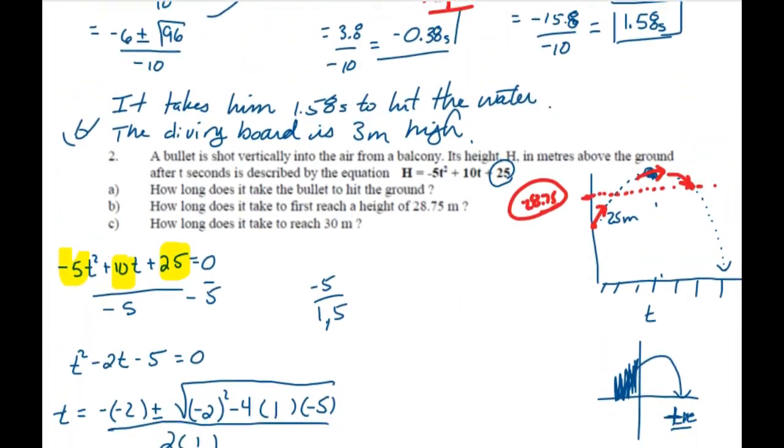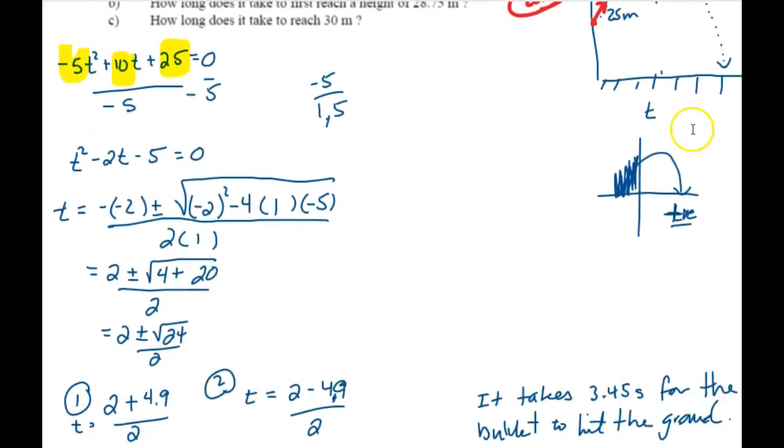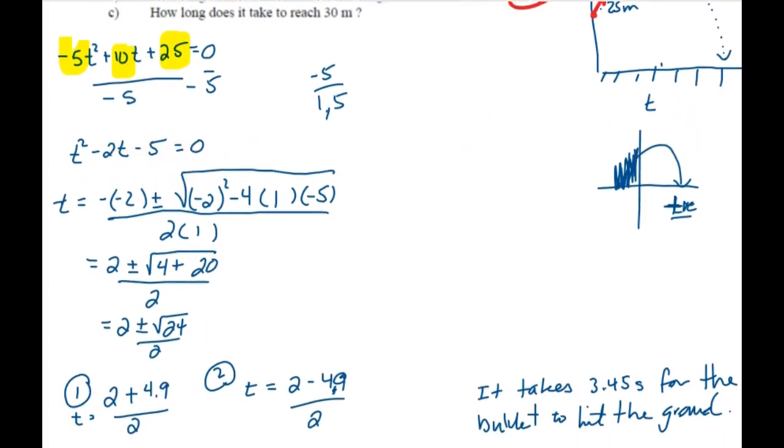Alright, so we take our equation, negative 5t squared plus 10t plus 25. We have to start with the original equation. Don't start with the one that we had factored down. Okay, so height equals negative 5t squared plus 10t plus 25.